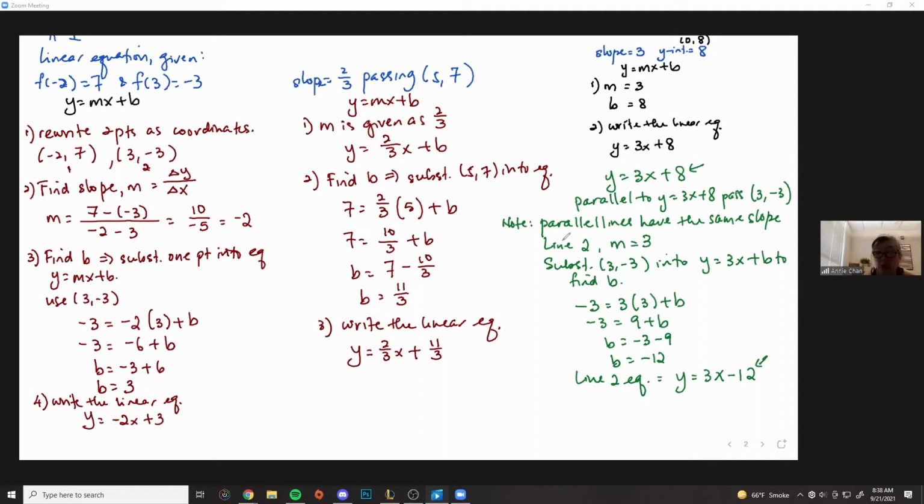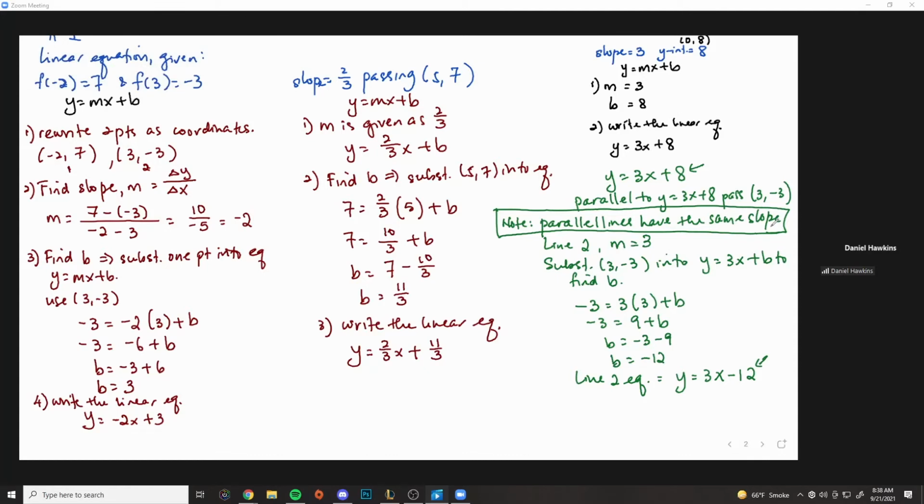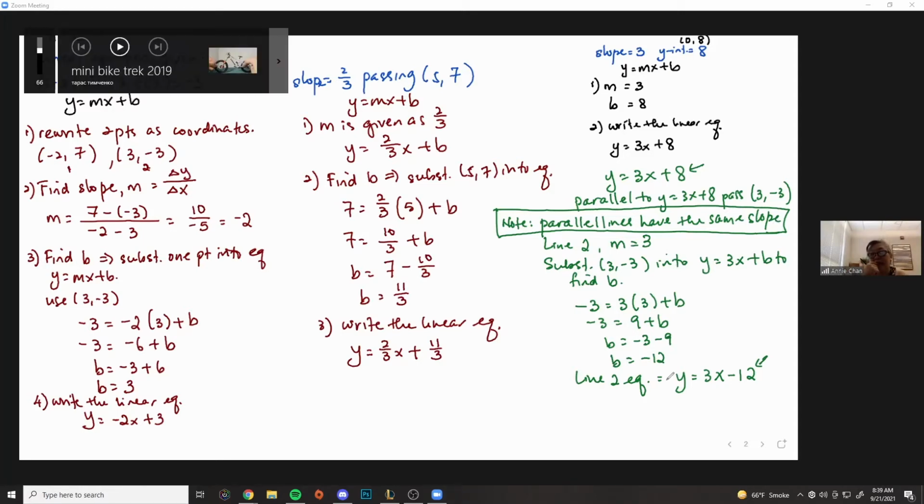Well, the 3x does mean that it has the same slope. Yes. But what do you mean by knowing it by looking at it? So, like, if the equation were y equals 3x minus 5, it will still be parallel because the slope is the same. Right. Okay.